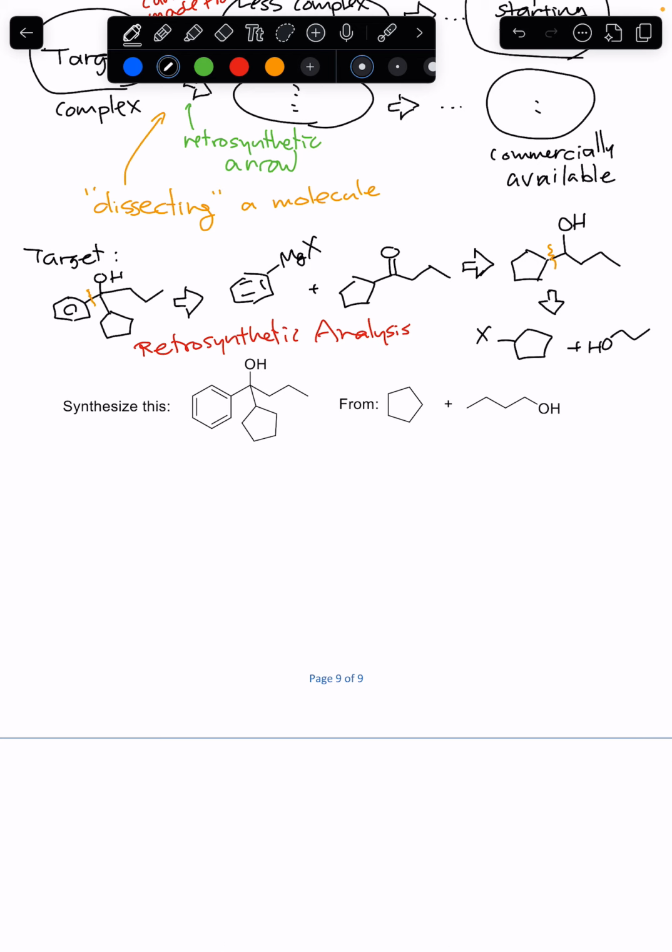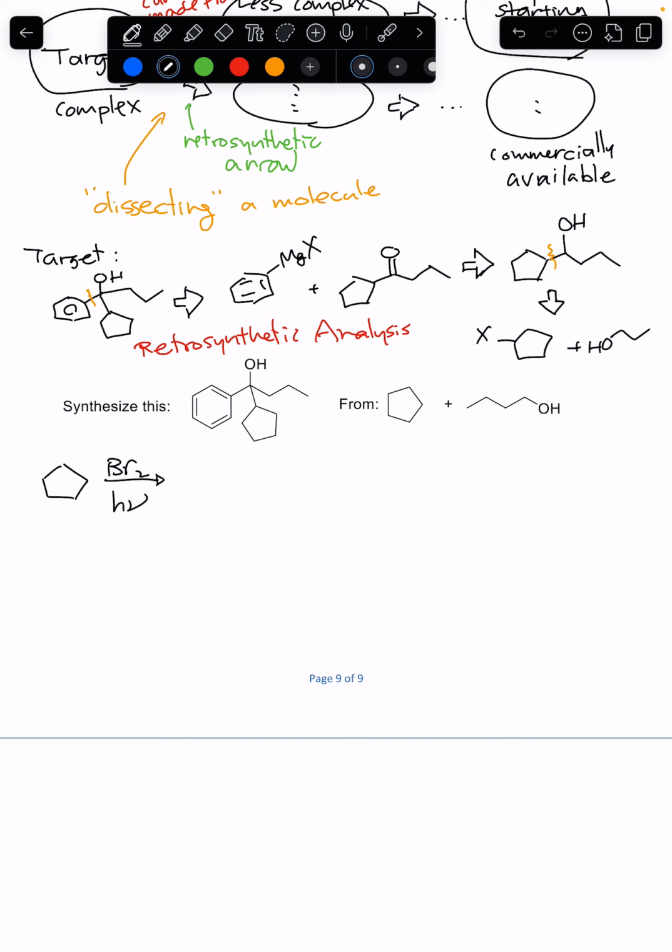Now, to first make this alkyl halide, we have to use chemistry that we skipped over and didn't learn in chapter 3. I'm going to introduce you to it, but I don't expect you to know the mechanism or why it works or anything like that. For now, you just have to know that when you treat alkane with bromine, and this symbol, h nu, means the energy of the light, Planck's constant times the frequency.